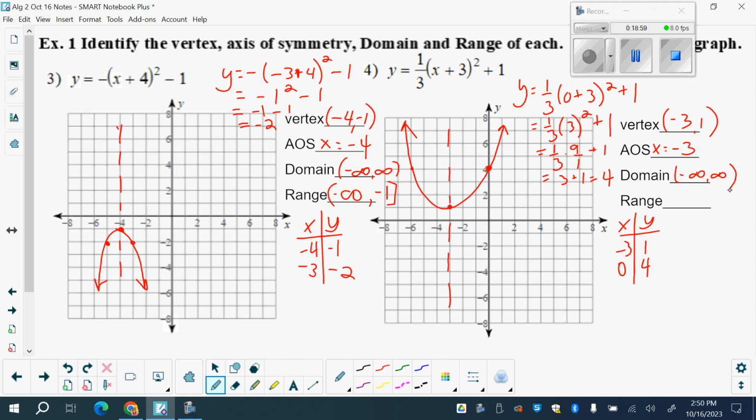So we want to look at our smallest y value because it's the y direction. And so what's your smallest y value there? 1, that's right. So it's going to start at 1 and then it's going to go up. Does that make sense? And so then what would come next to the 1? When we go up and it keeps going on forever. That's right, infinity.